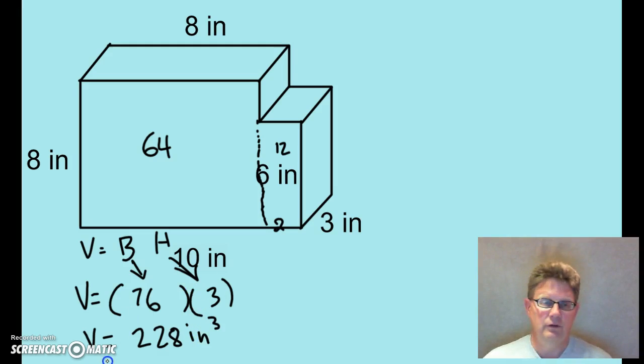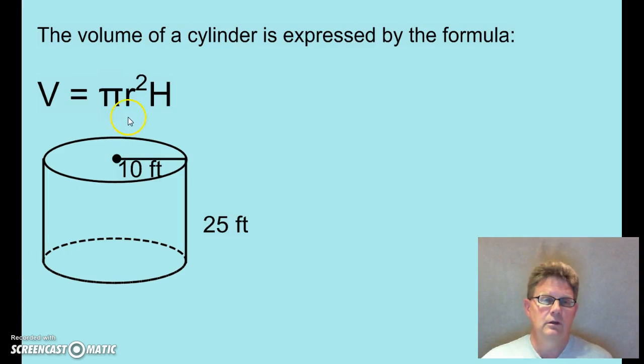Alright, let's go to a cylinder. It's very similar. Okay, because the base is a circle, instead of capital B, we're just going to write pi r squared, because that's the area of a circle, times the height of the prism. So the volume of the cylinder, 3.14 for pi.